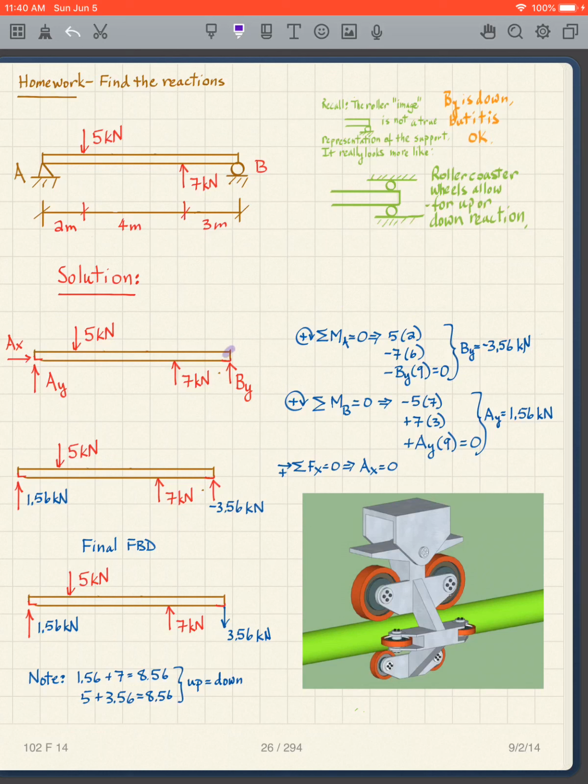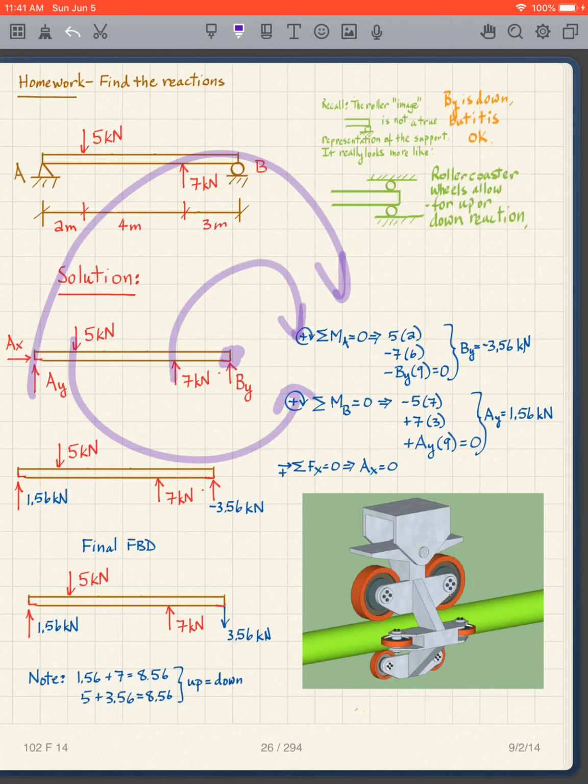Take moments about B. We have AY times 9, 5 times 7, 7 times 3. And then for the signs, clockwise positive, counterclockwise negative, clockwise positive.